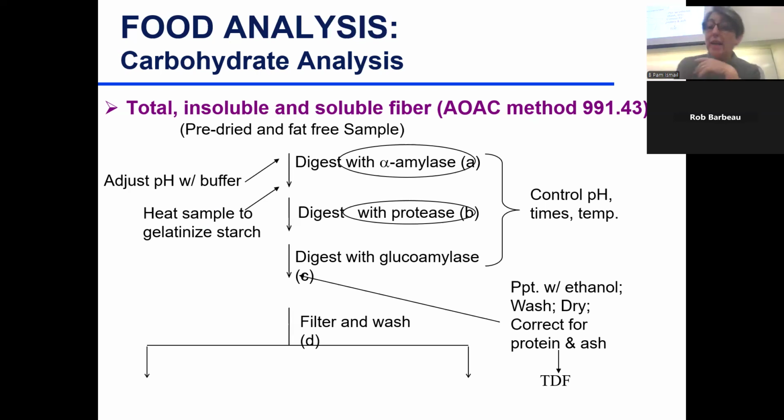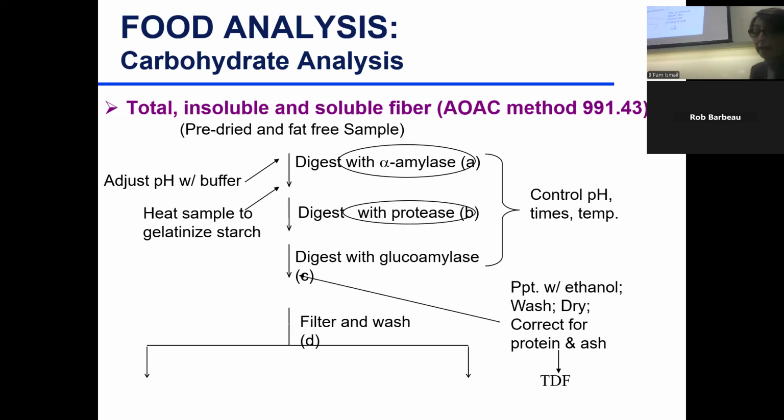Where was I? Okay, yes, determining soluble dietary fiber and insoluble dietary fiber. So on this step, when we hydrolyze, we don't use alcohol to precipitate if we want to determine soluble or insoluble. What we do at this step is filter and wash and separate into soluble and insoluble components instead of using ethanol at this step.